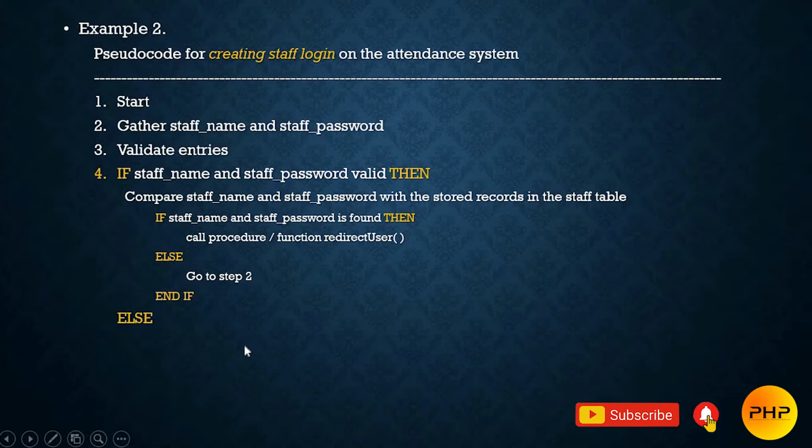If they are not valid, then we go to step 2 again and enter them again. Then we end the main if. Then we end the procedure or the pseudocode. Do you get it? So you see how we implemented the nested if here. It looks very simple.